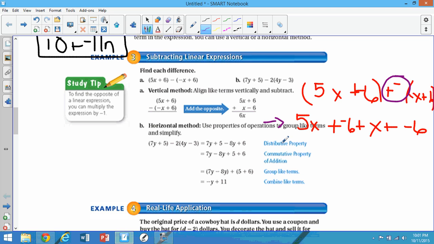Now you can do two things. You can do the commuting, or the horizontal method, where you commute the order. So it's 5x plus x plus negative 6 plus negative 6.